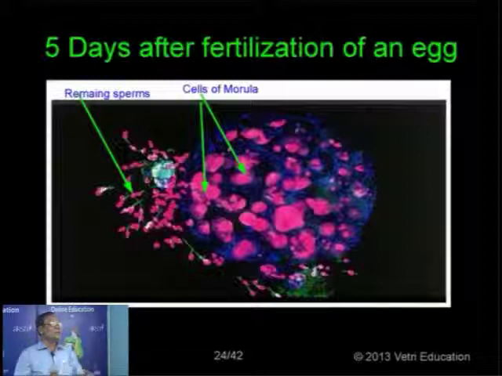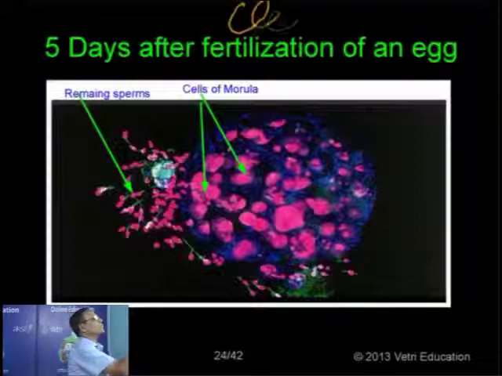A ball of cells is formed because of the mitotic division, the segmentation of the egg. That process of division of the fertilized egg to form a many-celled condition is called cleavage.